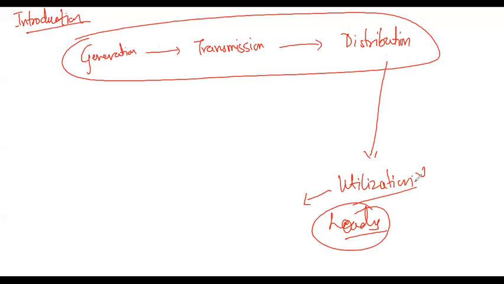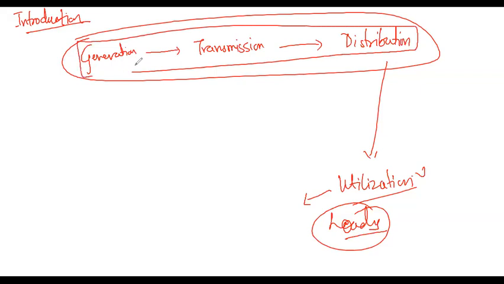Let us not discuss much about the utilization part. Considering these three systems in line, generation is generally done at 11 kilovolt and 33 kilovolt. Using a step-up transformer, it is transmitted at 220 kilovolt or generally 400 kilovolt.